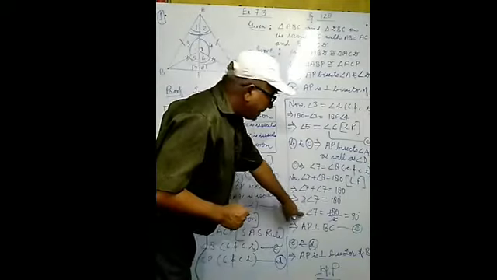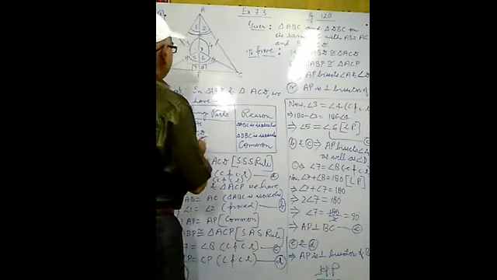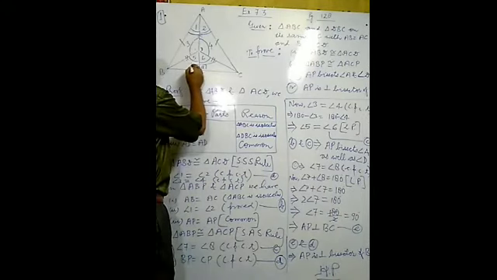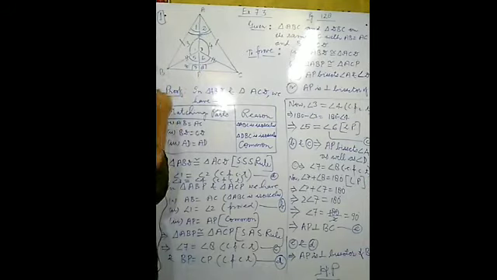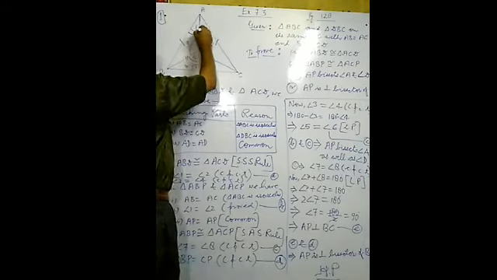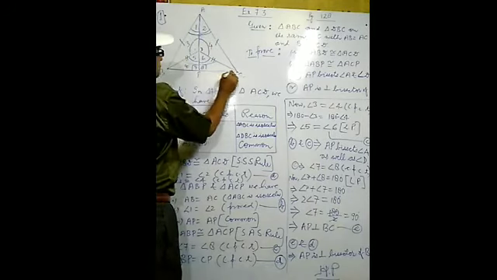Therefore, angle 7 equals 180 degrees divided by 2, which is 90 degrees. It means the value of angle 7 is 90 degrees. It means this AP is perpendicular on BC.